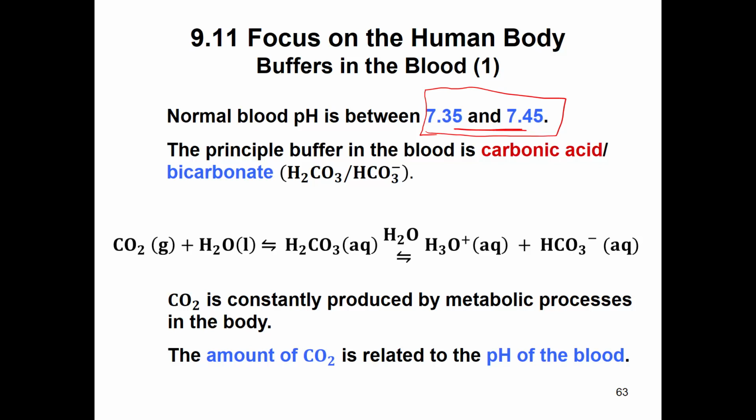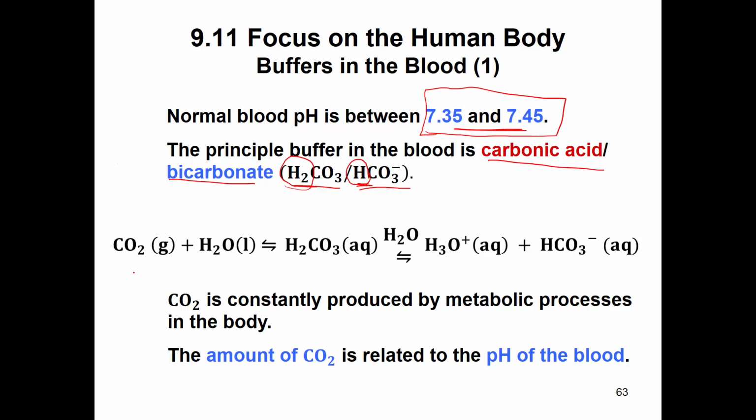One of the prominent buffer systems in blood is the carbonic acid bicarbonate system. Carbonic acid is H2CO3, and the bicarbonate ion is HCO3-. Notice the difference between those two.